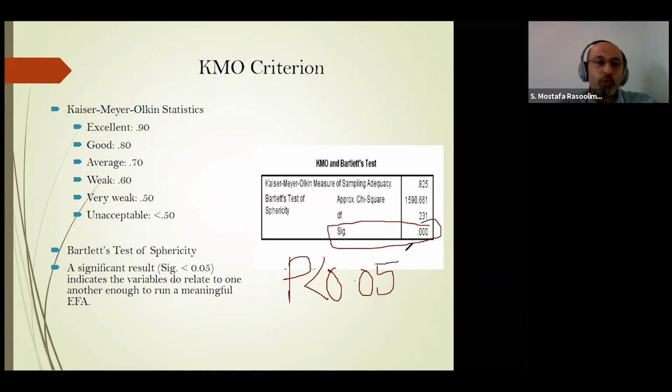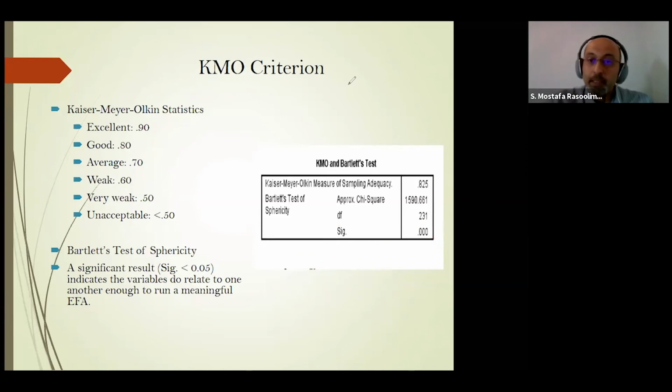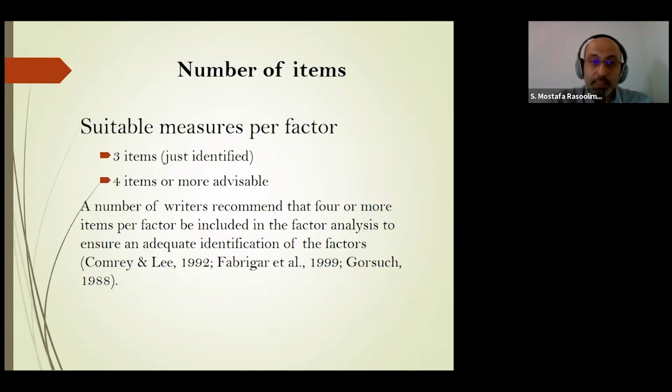So these are two criteria we need to check and report before reporting the results of factor analysis. All right. And this is the KMO and Bartlett test.